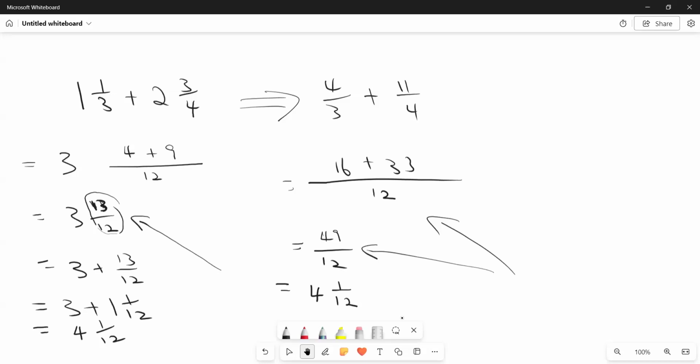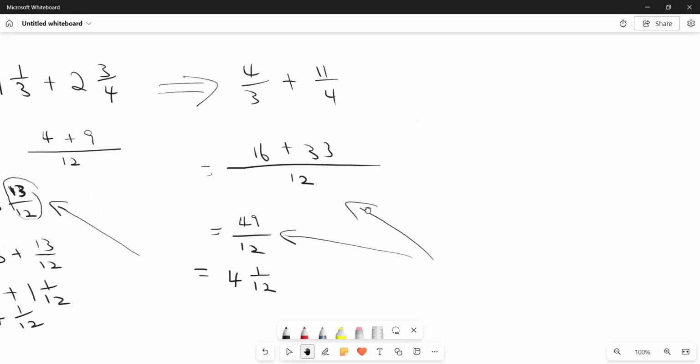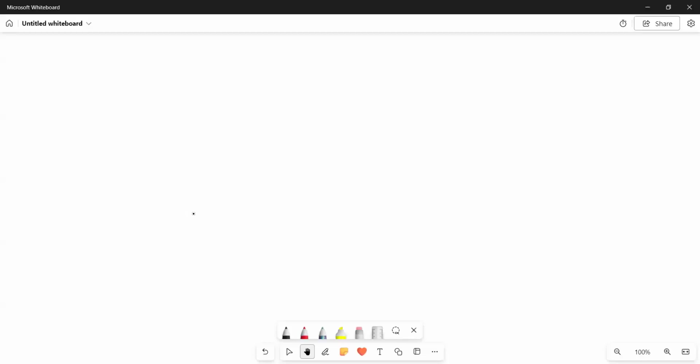Subtraction is very similar. It's just that where you have the plus, you have a minus now, right? So let's say you have to do some subtraction. 2 and 1/3 minus 1 and let's go with 4/5, right?